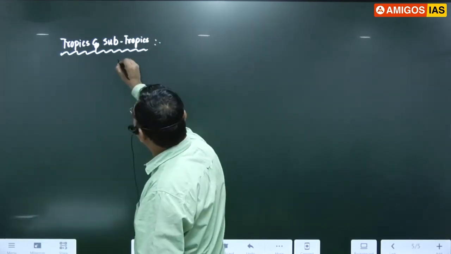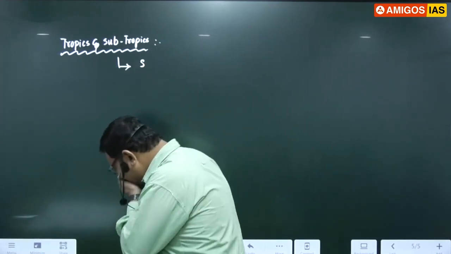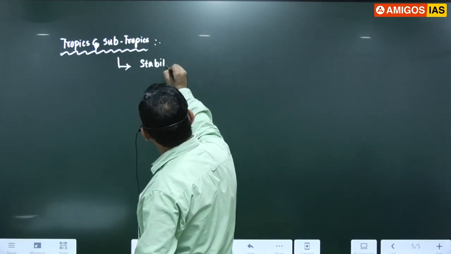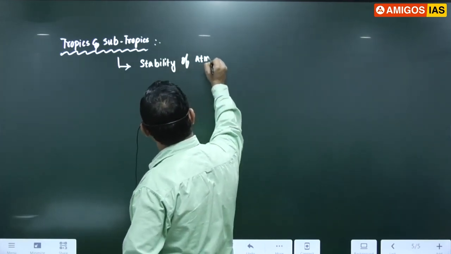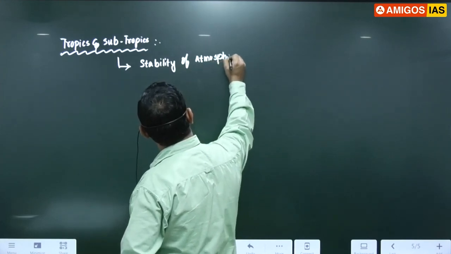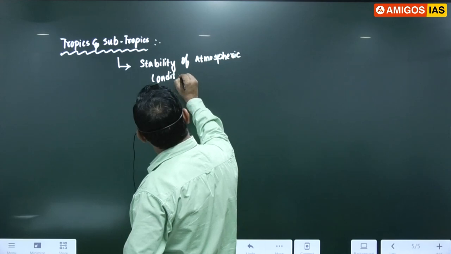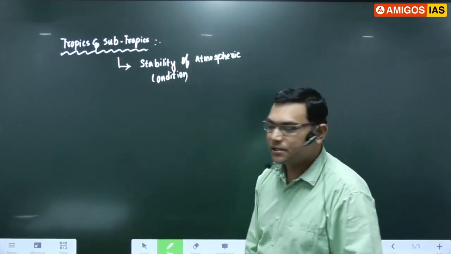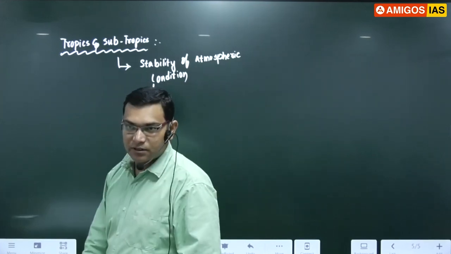Can I say there is stability of the atmospheric conditions? Agree with me? Stability of the atmospheric conditions. That means there is descending of the air, divergence.